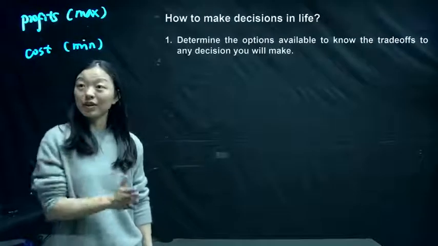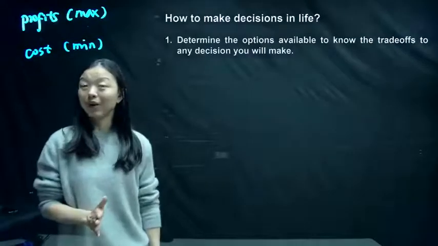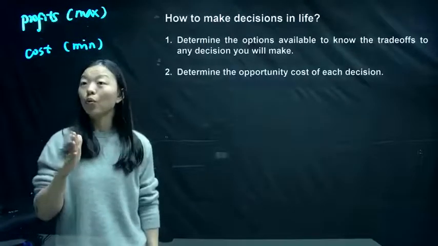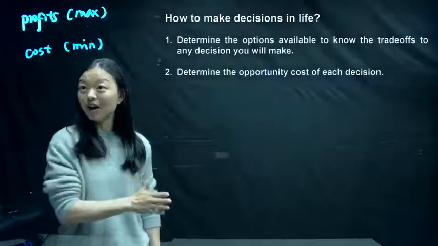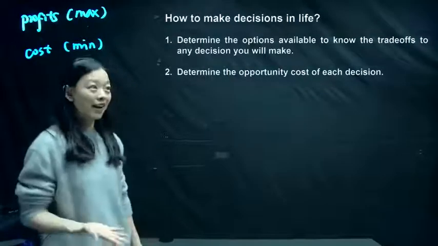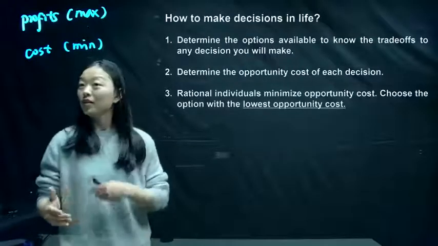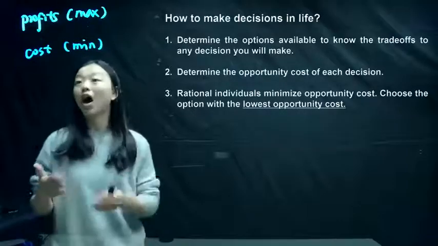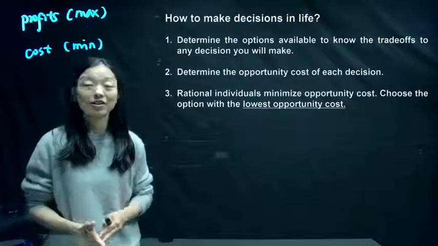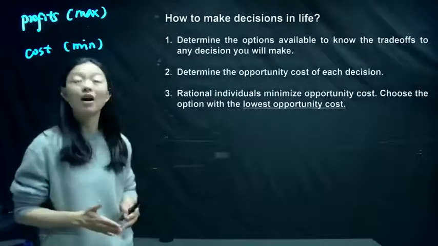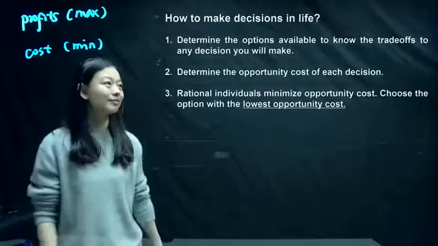First, we need to determine how many options we have, okay? And then we need to determine each option's cost, including the opportunity cost, okay? At the end, the rational individual, the rational human being, will choose the option with the lowest opportunity cost.